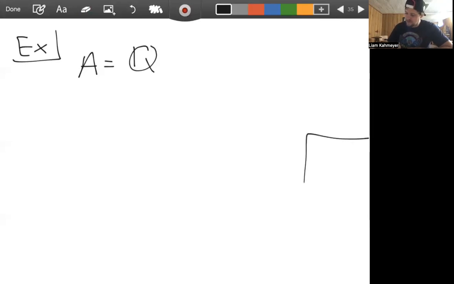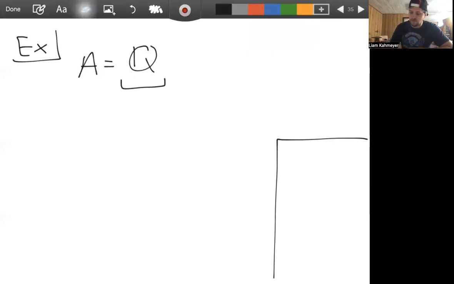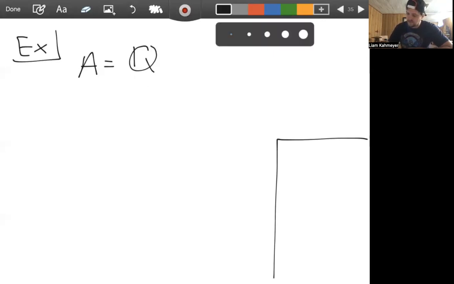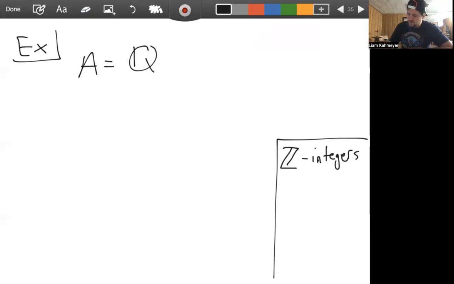Here, maybe I'll just remind us, these are called Blackboard font letters. So I'll remind us of the Blackboard font letters here. Z is the integers. Q is the rationals.